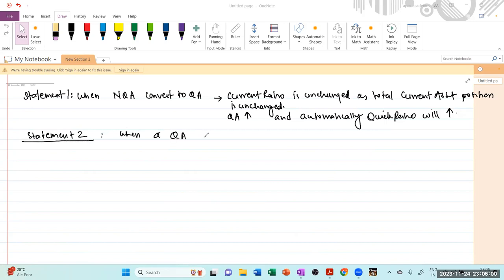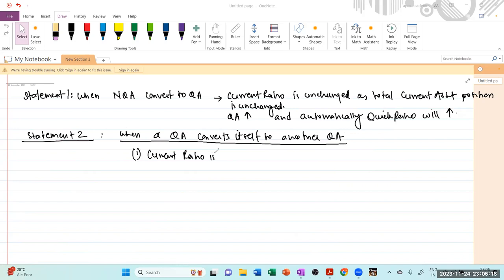Statement number 2, for which you have to apply your mind. When a quick asset converts itself to another quick asset, point number 1, current ratio is unchanged. Number 2, quick ratio is unchanged. Statement number 3, and we are all going to analyze these statements, don't worry.